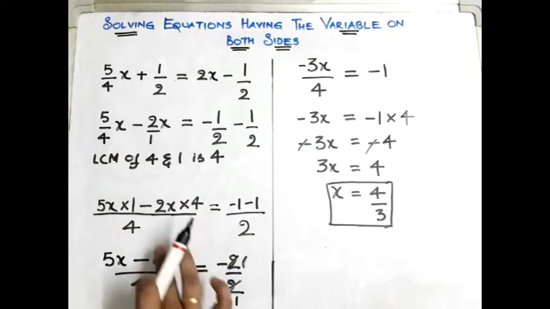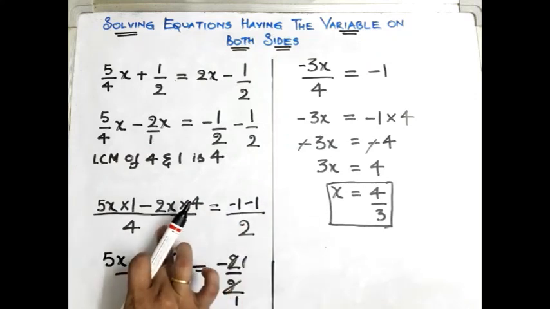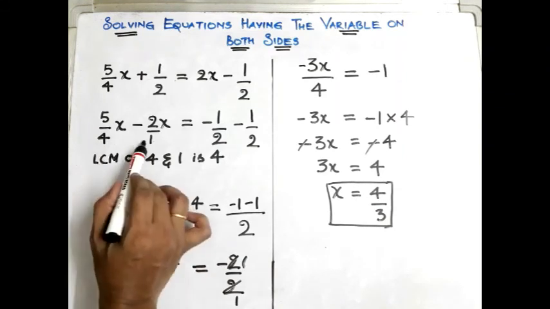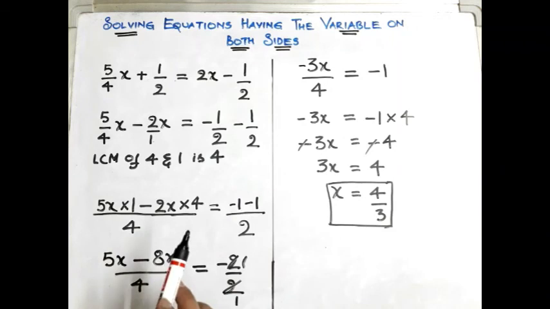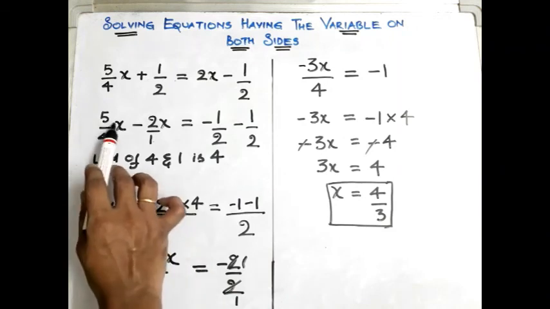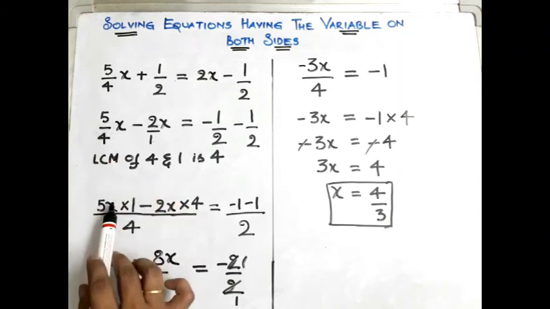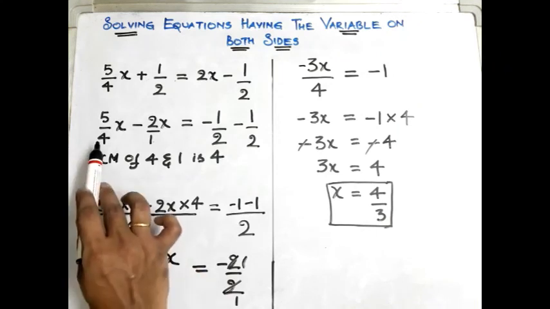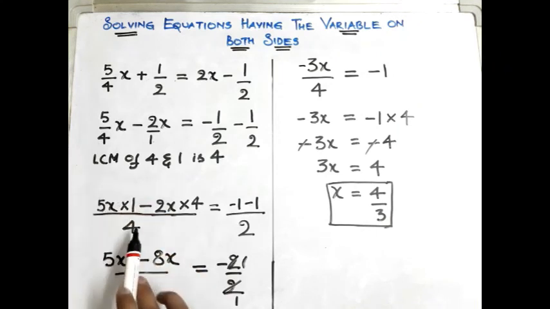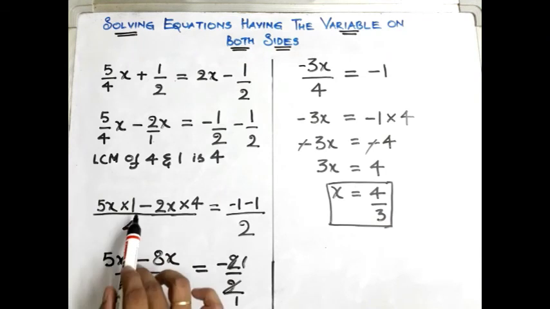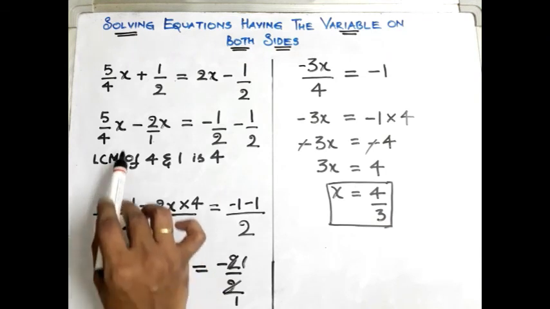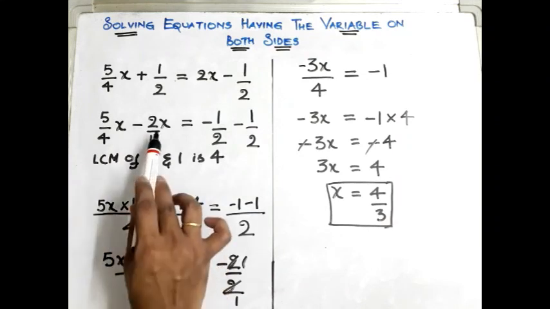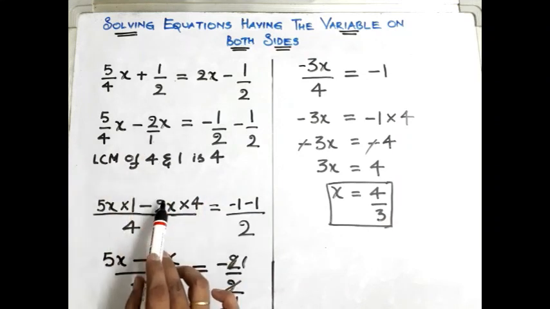Okay, this step I want to explain again. Please look carefully. For 4 and 1, the LCM is 4. Here the numerator term is 5x, so I took this 5x as it is. Into 4, how many times is the LCM 4? 1 time. So I kept this 1 here. And this minus came as it is. 2x came as it is.